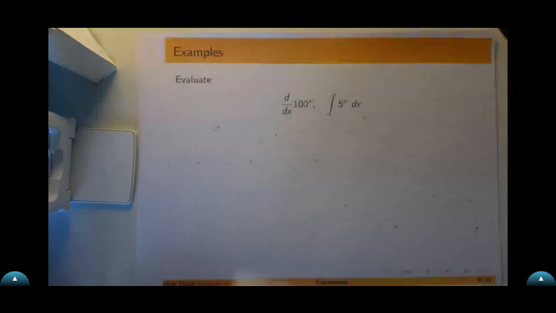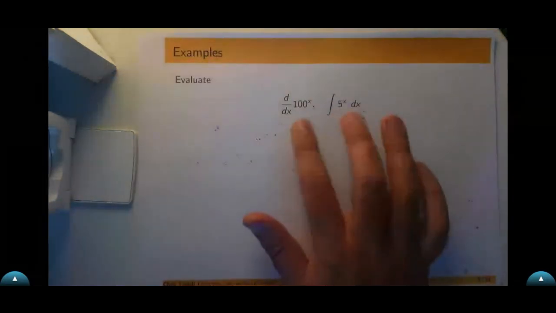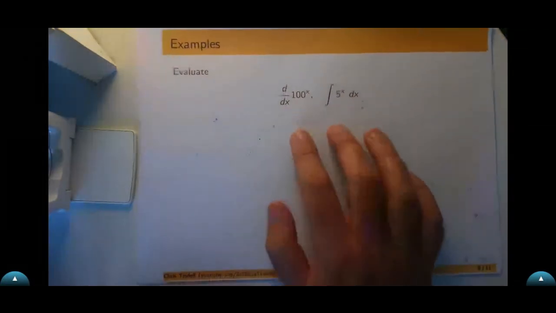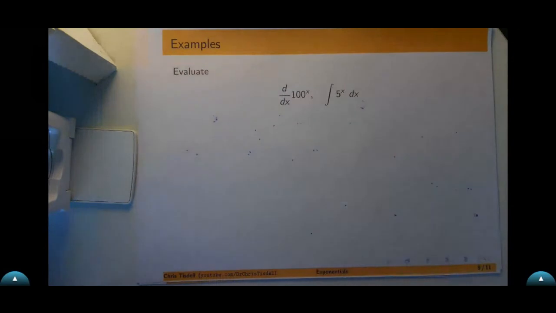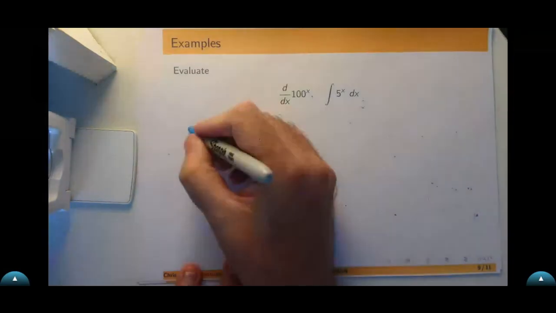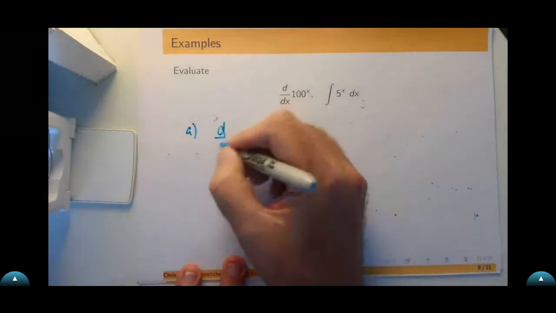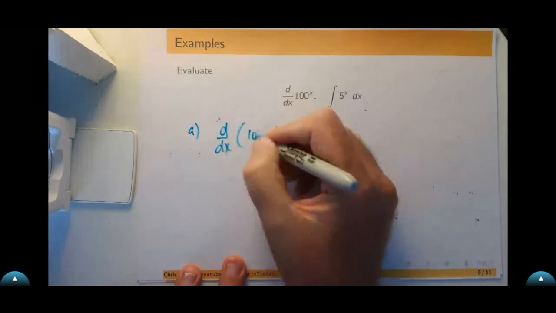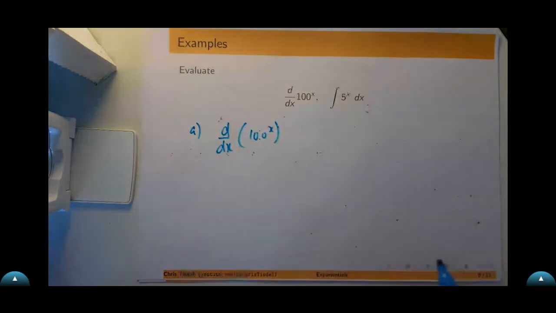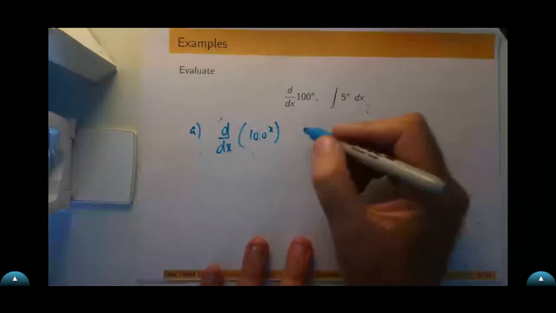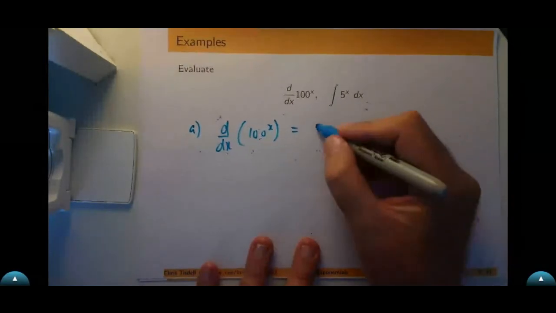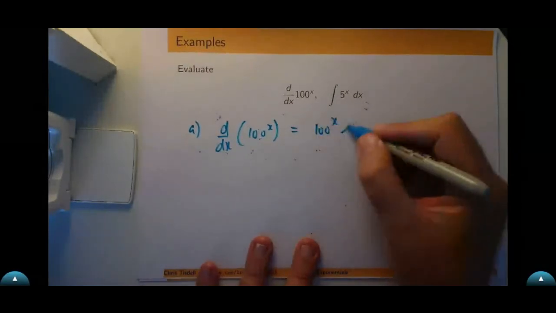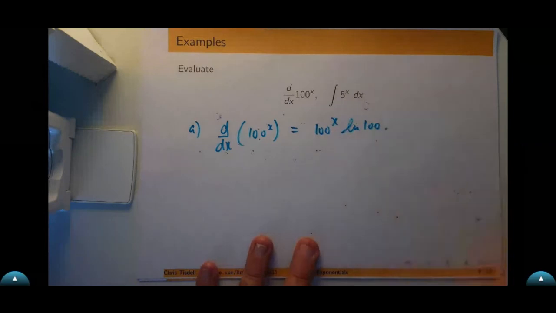Okay, so based on that, let's do a couple of easy examples. We don't even need to do any working for this. The derivative of 100 to the x is just going to be 100 to the x times the natural log of 100.